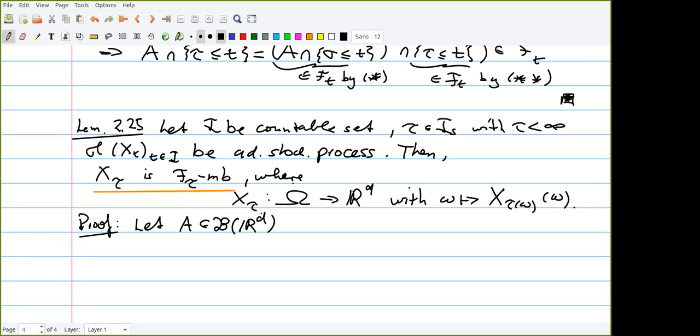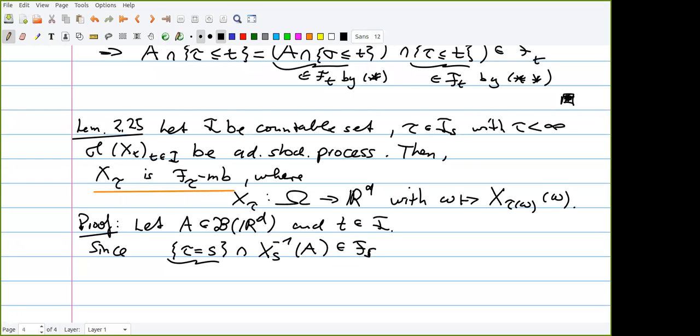And that's it, R plus. And we take a t in the index set. And then what we want to show, okay, what we first want to know is that if I consider the event tau equal to s, intersected with the pre-image of the process at time s of the set A, that's in F_s, right?